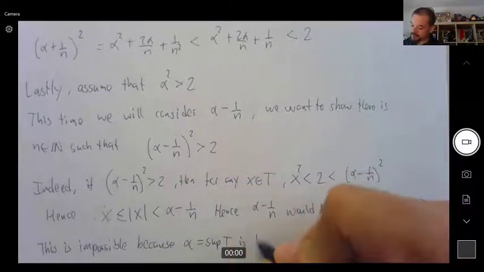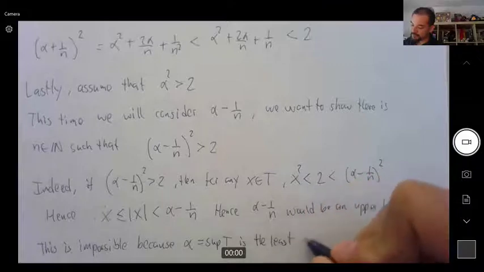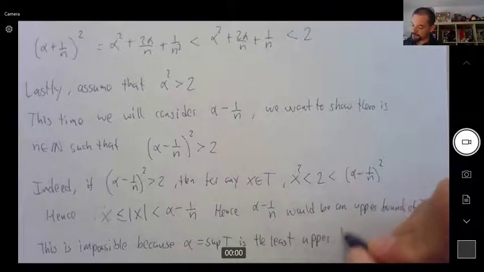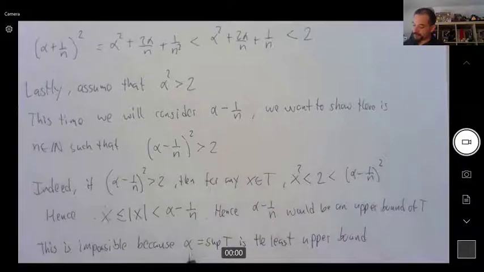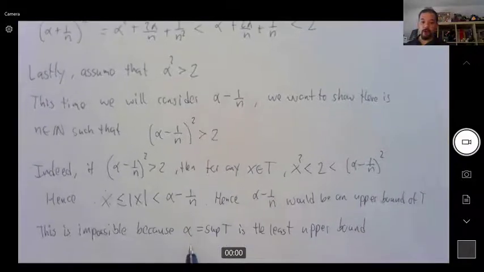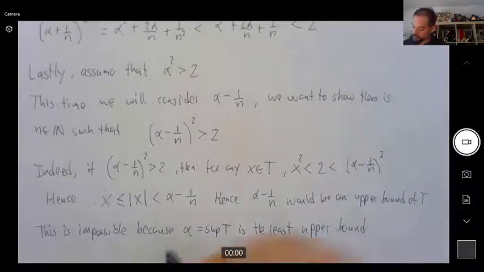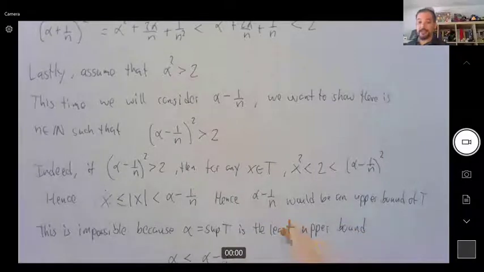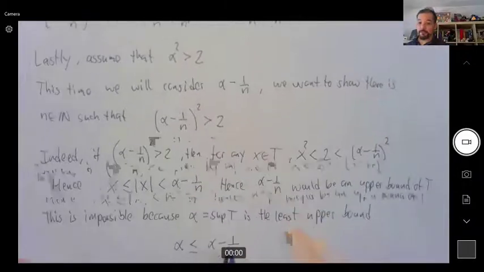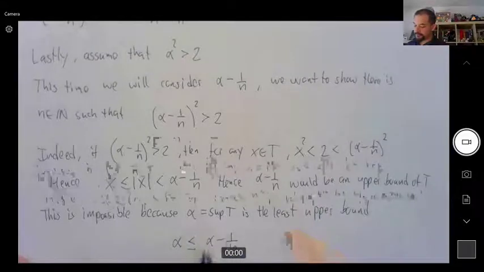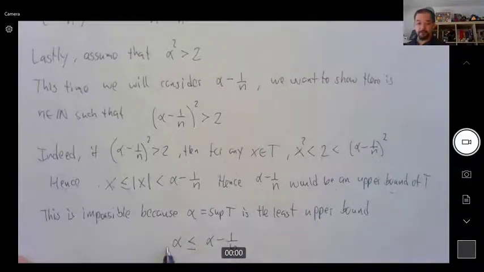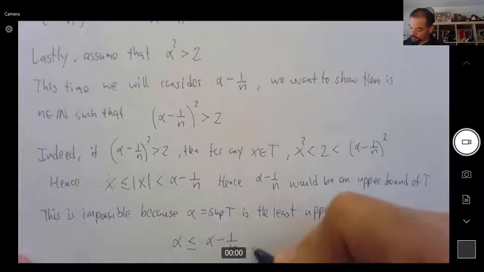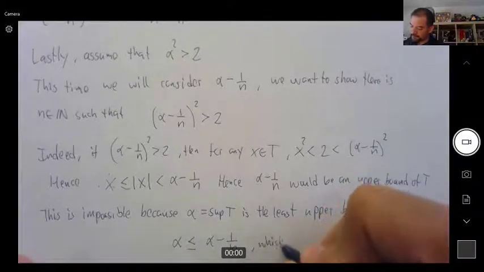Alpha is the least upper bound. And being the least upper bound means this is the smallest of all the upper bounds. So that means alpha would be smaller than alpha minus 1 over n, right? It would be smaller than any other upper bound. And that's not right, because obviously this number is not bigger than that one, right? Which is a contradiction.